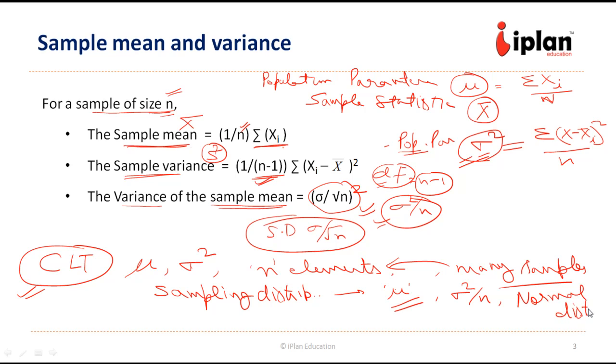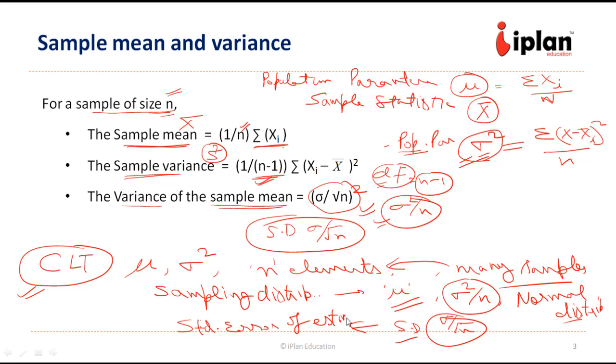So this is what we have learned from the central limit theorem. So accordingly, the variance of the sample mean is sigma square by n, and sigma by root n is the standard deviation, which is also called the standard error of estimation. Since we are using the sample for the estimation of population parameter, so this is also called the standard error of this estimation, which is sigma by root n.